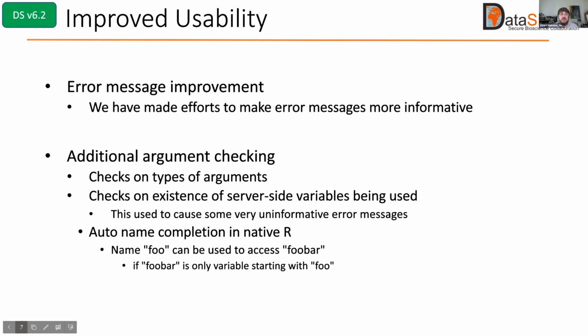This ties into another issue which people have observed, which is the auto name completion within native R. This means that if within your request you ask to operate on, for example, an object called foo, even if it doesn't exist, but there is an object called foobar, it will perform the operation on foobar.